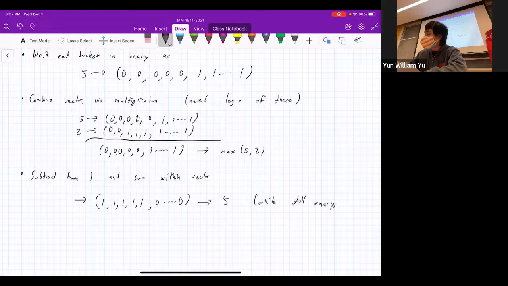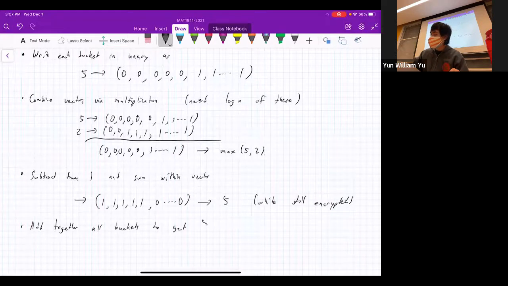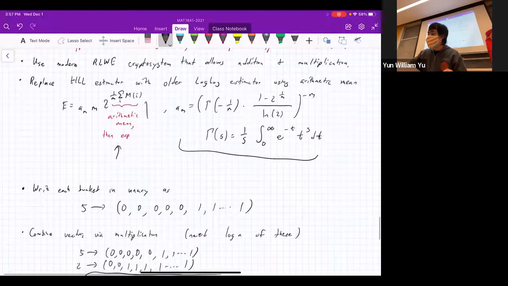So we can do all those operations while staying encrypted, and of course, we can sum together all the buckets to get the sum over all the buckets. And that is the value that we need to enter into our estimator layer. And so we just reveal that number.